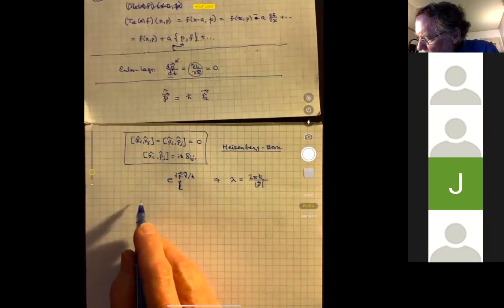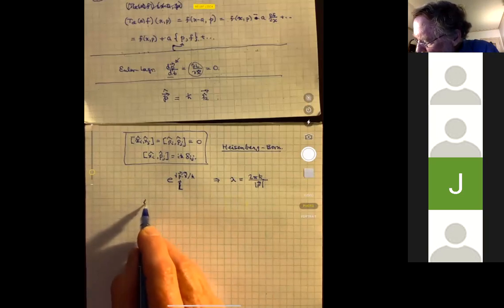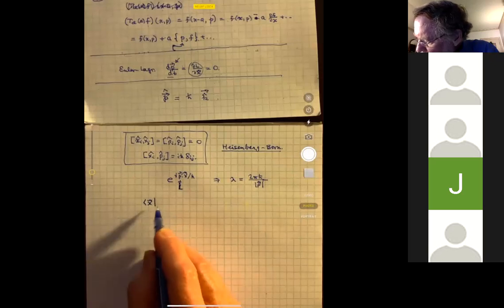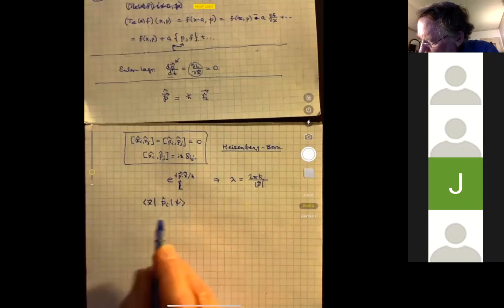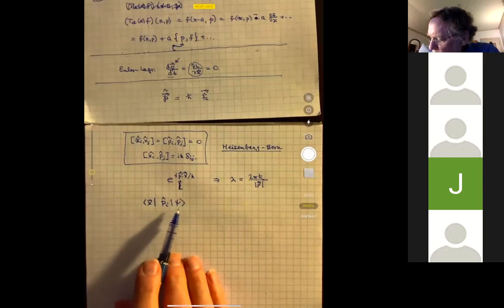I'd like to call your attention to a particular formula, something that arises in some situations as a matrix element that looks like this. We've got bra x on the left, meaning we're looking at a wave function. We've got a component of the momentum operator, let me call it P_i, in the middle, and then a state psi on the right-hand side. If you think about what this means, we've got a state vector psi.